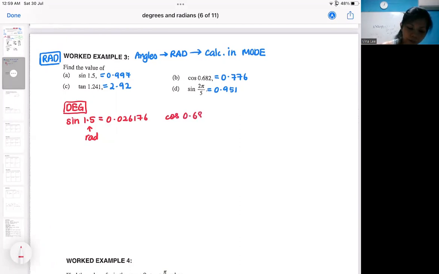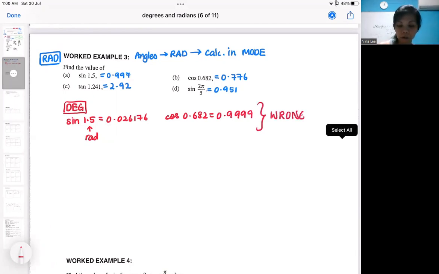Cosine 0.682, if you accidentally, now I'm in degree mode, you can see that there's a difference in the value. So this will be wrong, wrong because your calculator mode doesn't match the angle. It will make a difference, so you've got to take note.